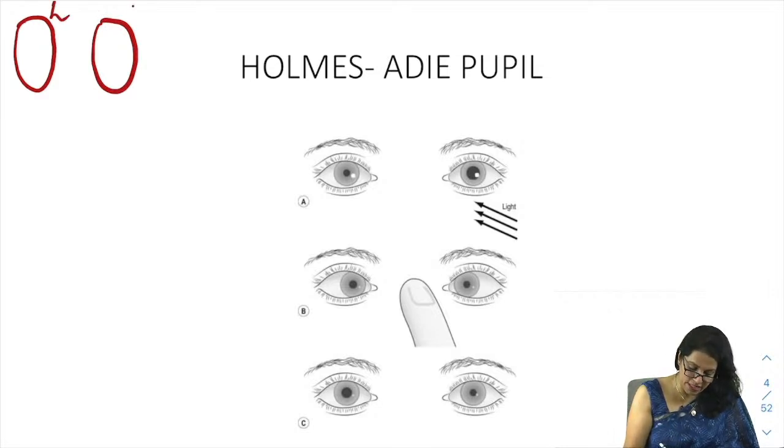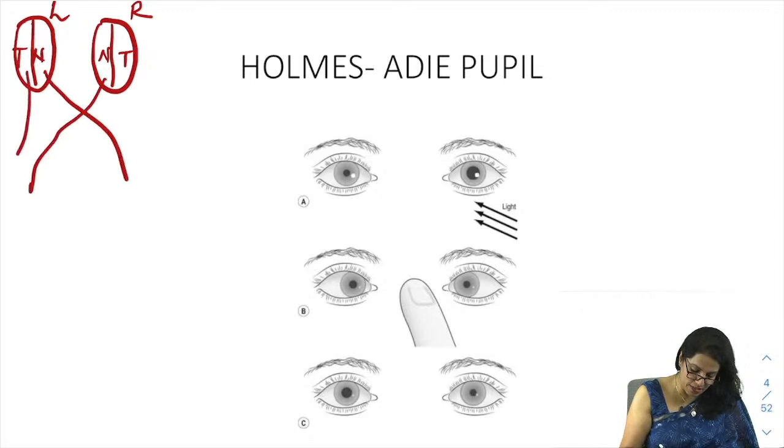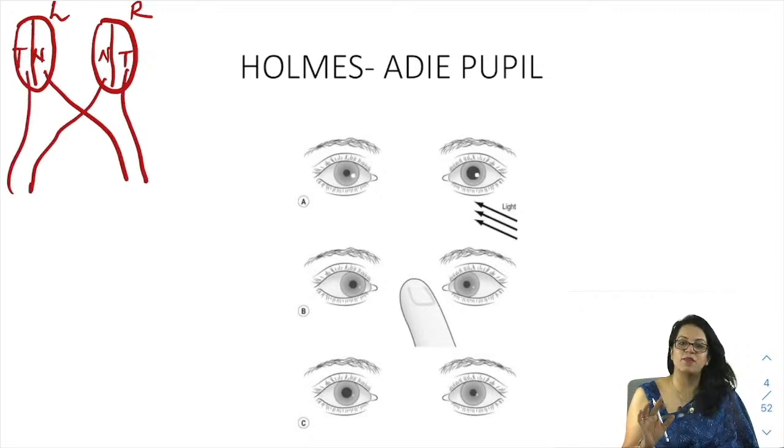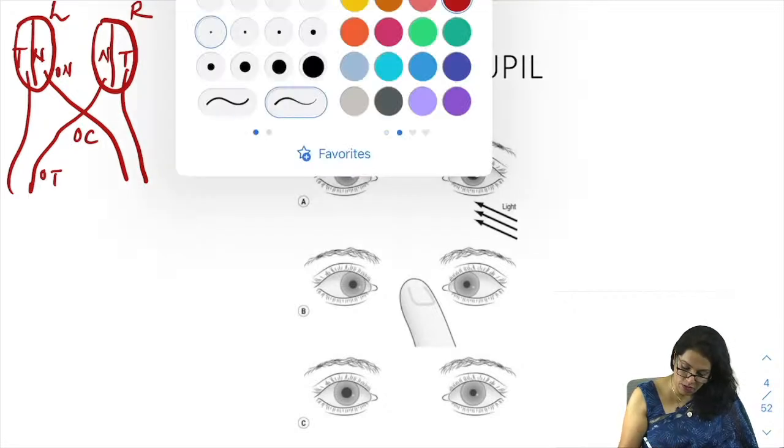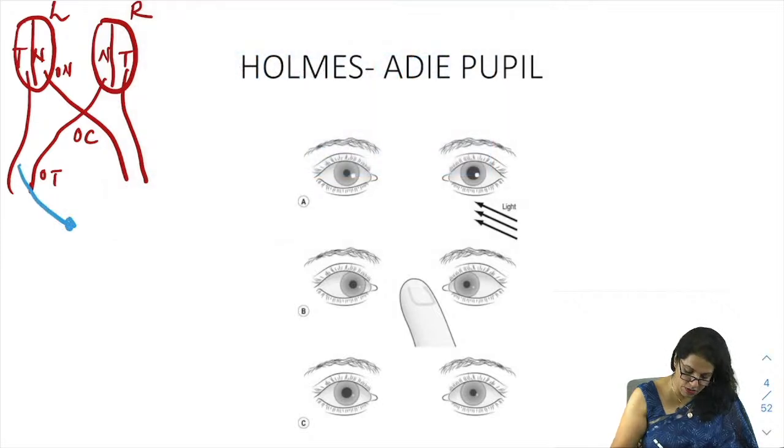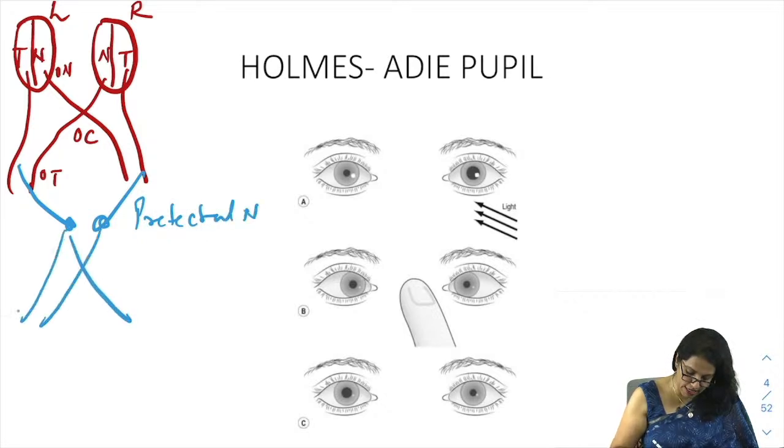This is the left retina, this is the right retina, equally divided into nasal and temporal. Nasal fibers will decussate, temporal does not decussate. Everybody knows I am talking about the visual pathway till here. Now this is the optic nerve, this is the optic chiasma, optic tract. From here it is not going to go further down but it turns to the pretectal nucleus, and this pretectal nucleus finally innervates both Edinger-Westphal nuclei.